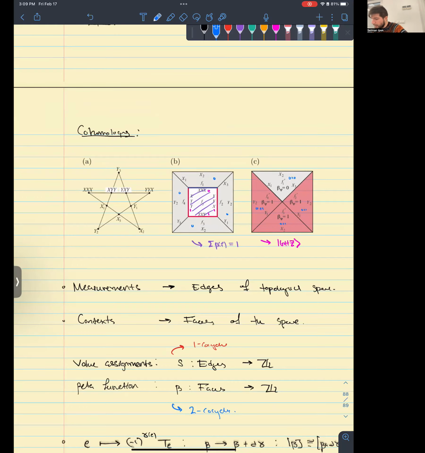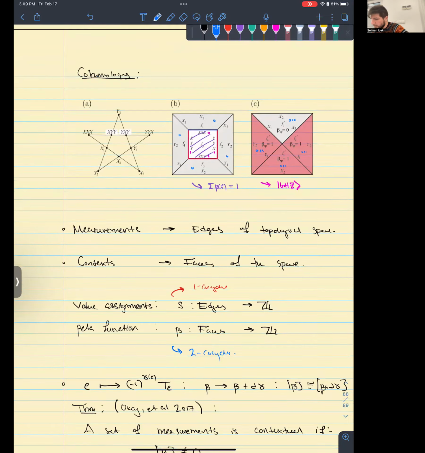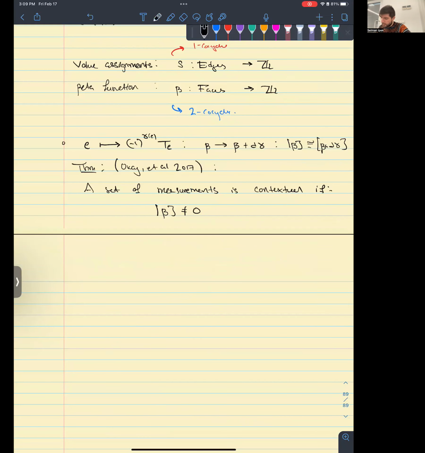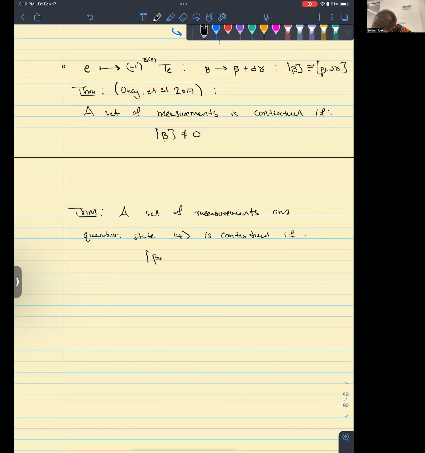And then once you define this beta psi, a 2-cocycle on the reduced complex, as it's called, you have the following corresponding result for the state-dependent case: a set of measurements and quantum state psi is contextual if, so it's a very similar analogous result.